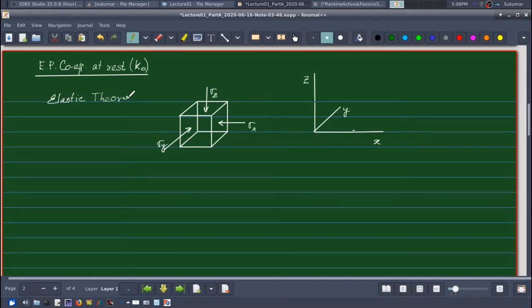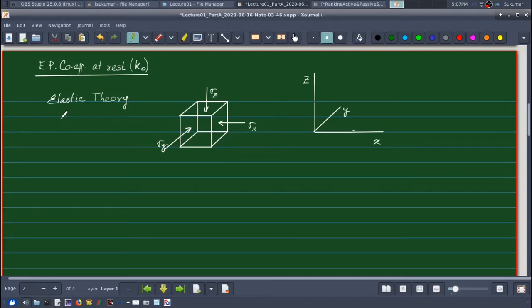we are assuming that the soil is a homogeneous isotropic elastic solid, and therefore based on three-dimensional elasticity, suppose I have this soil element I am considering at any depth z. It has a vertical stress sigma z and lateral stresses sigma x and sigma y, and because the soil is isotropic and since there is no lateral deformation, my sigma x and sigma y are equal.